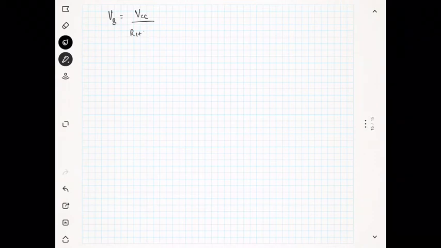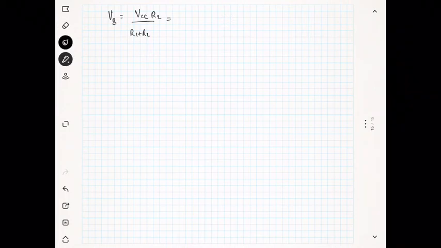So we can find VB now. VB is equal to VCC over R1 plus R2 into R2.